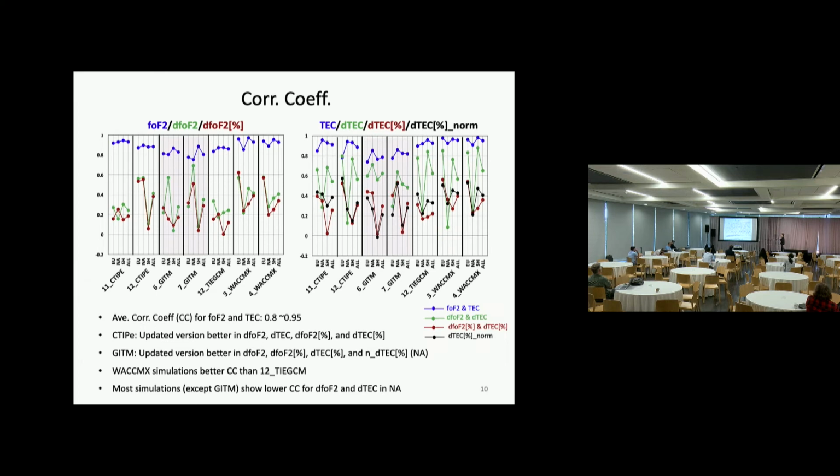If that is going up and down, it means model performance depends highly on the location. The average correlation coefficient for foF2 and TEC ranges from 0.8 to 0.95.